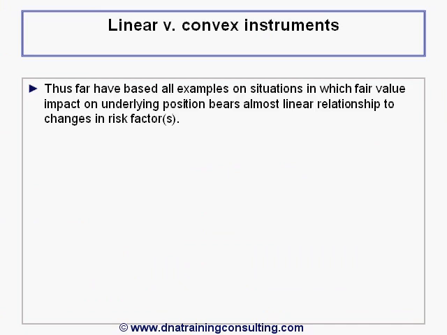Thus far, we have based all our examples on situations in which the fair value impact on the underlying position bears an almost linear relationship to the changes in the risk factors.